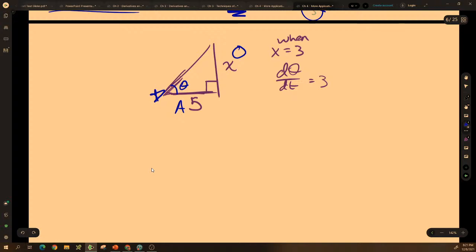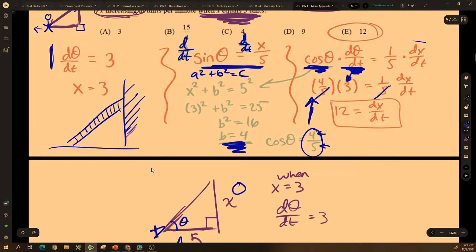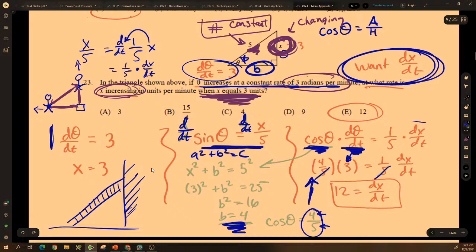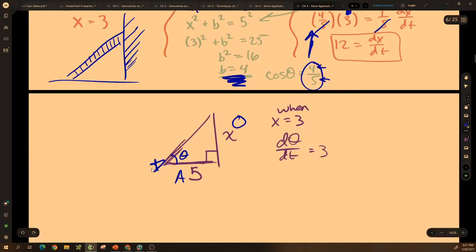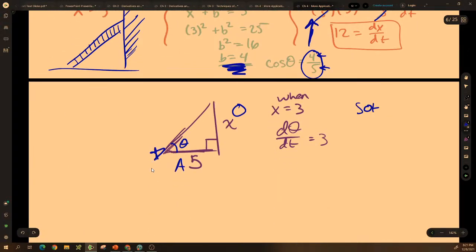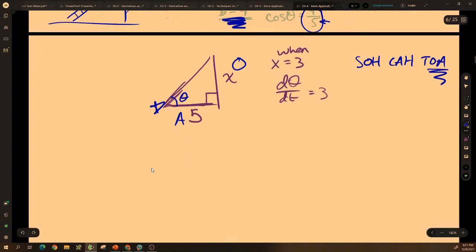So what's going to change is, before, we started off with sine, because we had opposite and hypotenuse. So O and H makes sine, in SOHCAHTOA, right? So O and A, that matches with tangent.